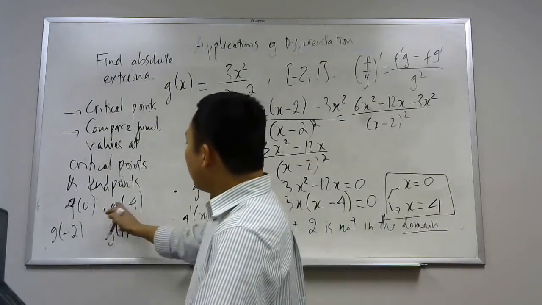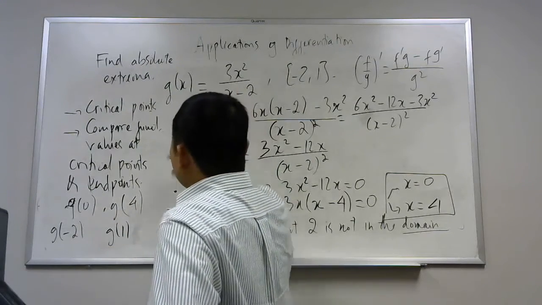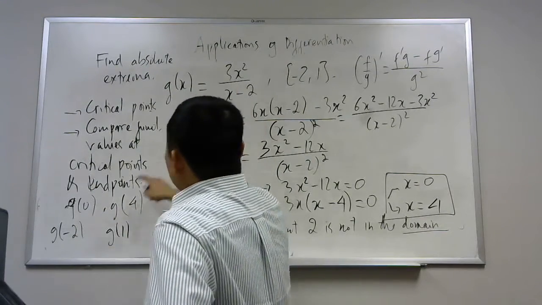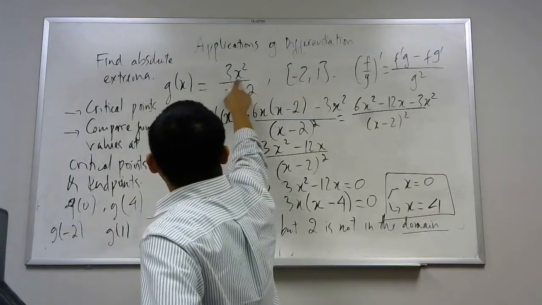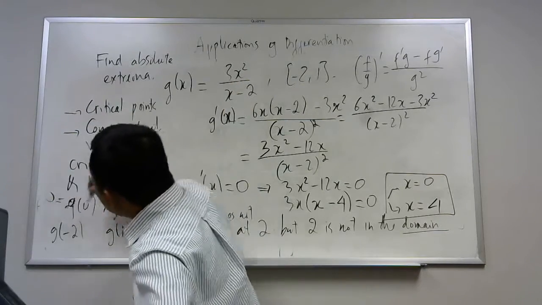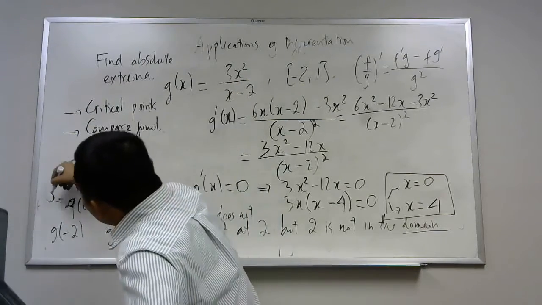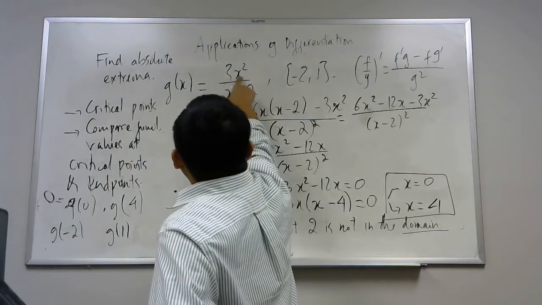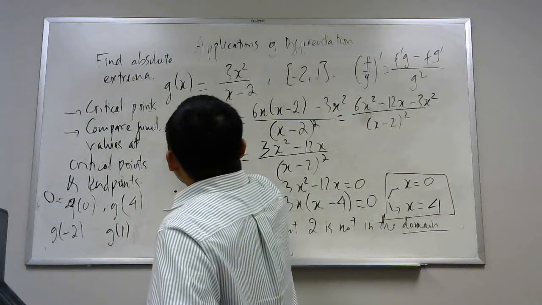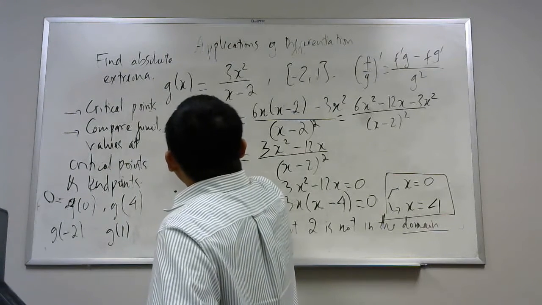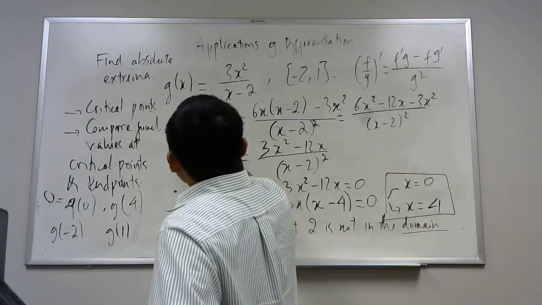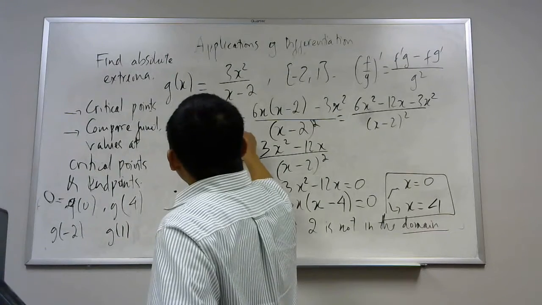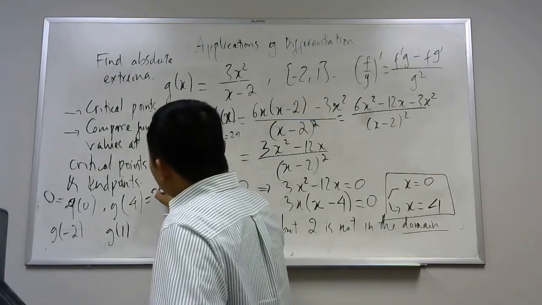Let's plug 0, 4, negative 2, and 1 into the function. G of 0 is 0. G of 4: I plug 4 into this, I get 3 times 16 over 4 minus 2, which is 2. So I have 3 times 8, which is 24.